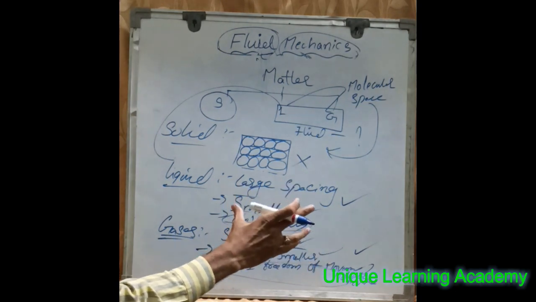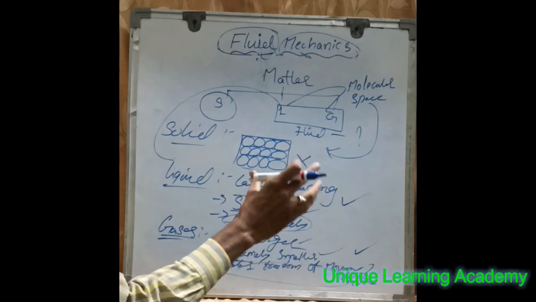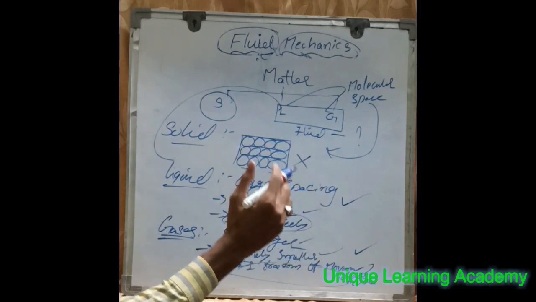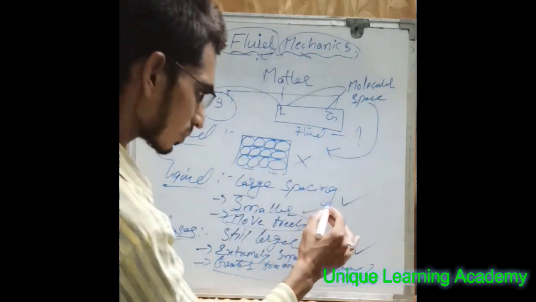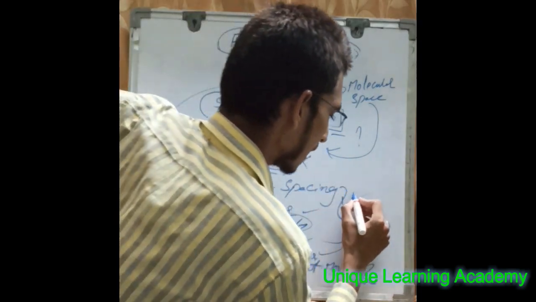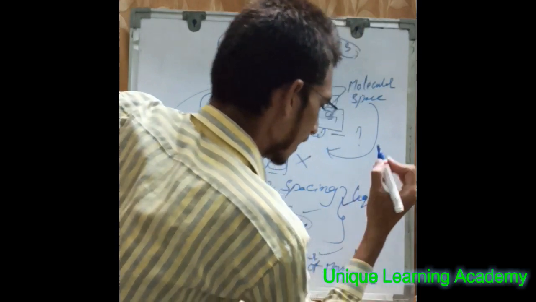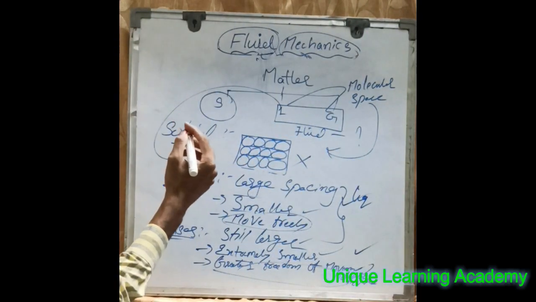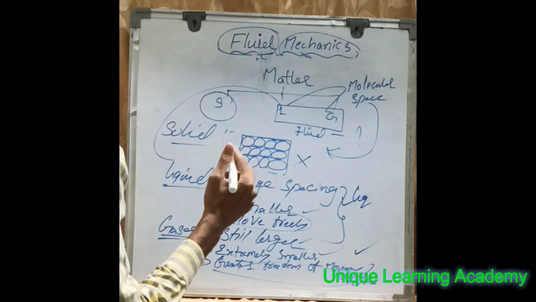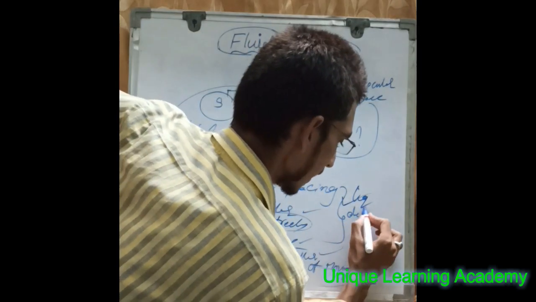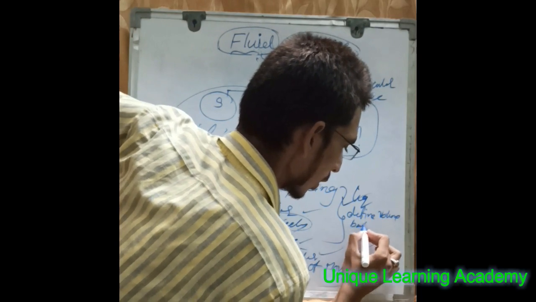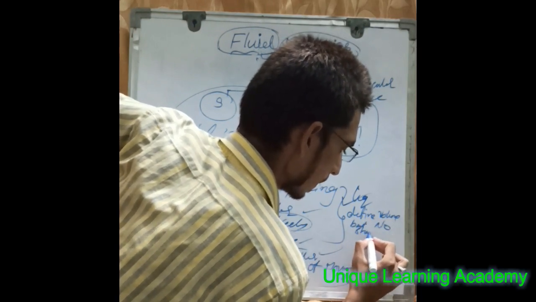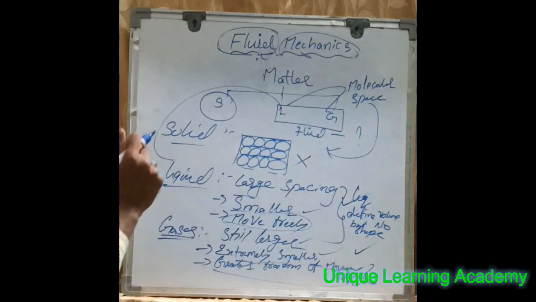Because of this reason, liquid has a definite volume and does not have a definite shape. This is about the liquid.